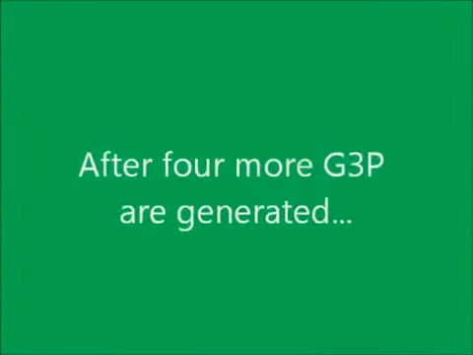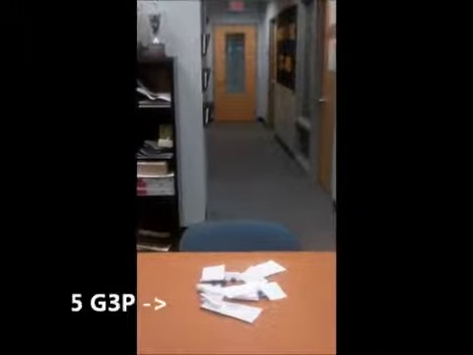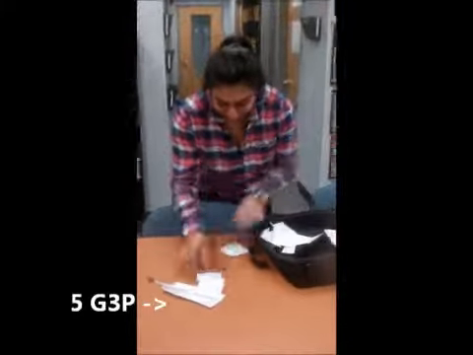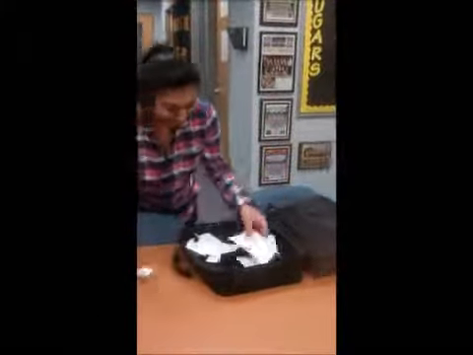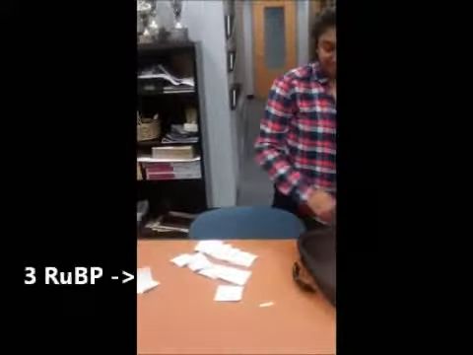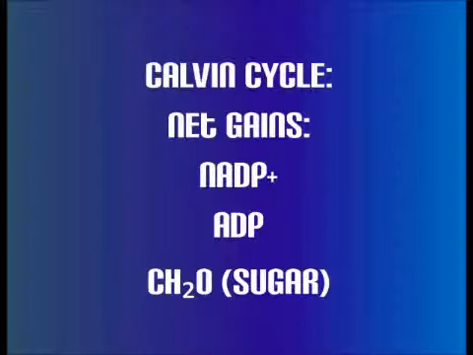Once 4 more are made, 1 is donated to glycolysis and the other 5 are turned into RuBP. RuBP is sent back to Rubisco. NADP+, ADP, and sugar are gained from this process. Now the Calvin cycle can begin again and photosynthesis is concluded.